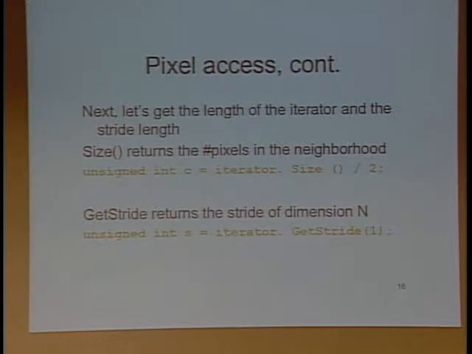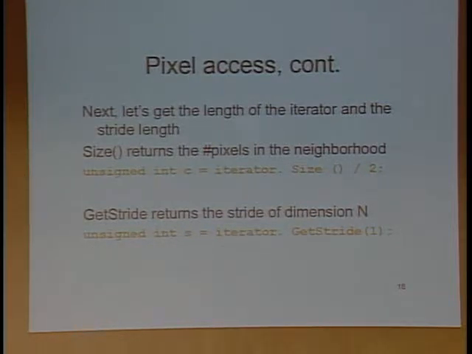Okay, then how to get the length of the iterator and the stride length. The size function returns you the number of pixels in the neighborhood. So in the 2x1 neighborhood, the size is 15. And there is another member function of the neighborhood iterator. It's called getSize. That will return you the n-dimensional size of the neighborhood.